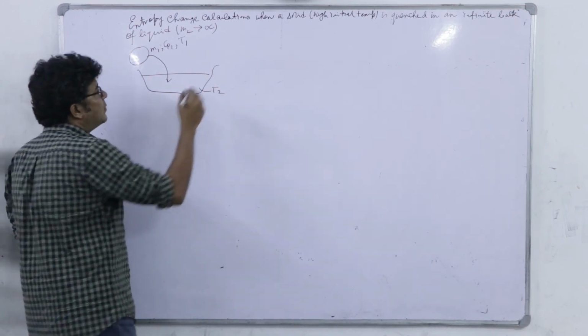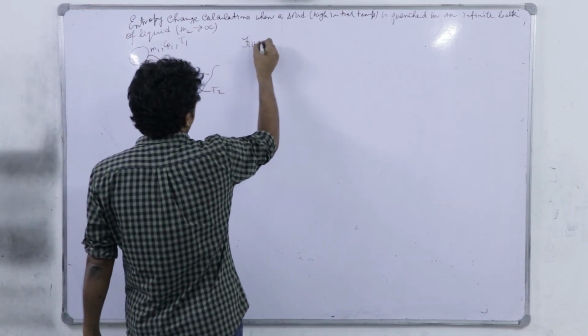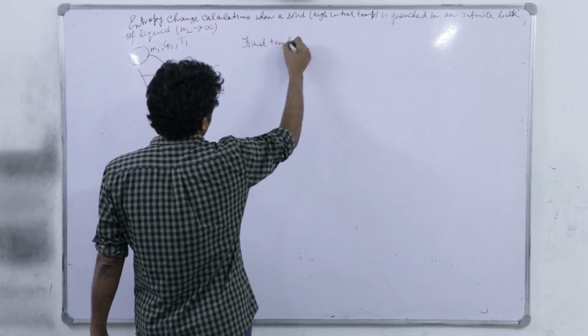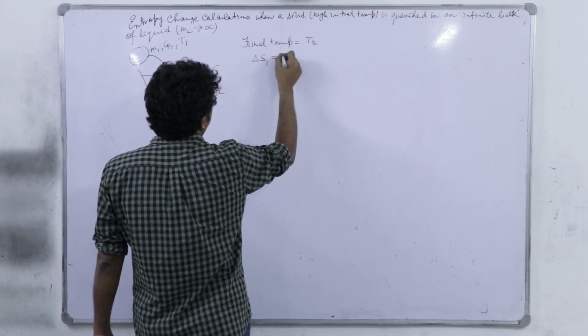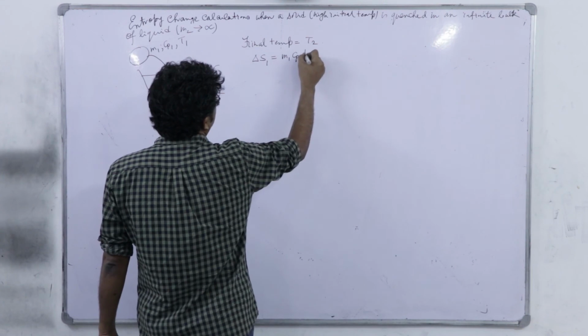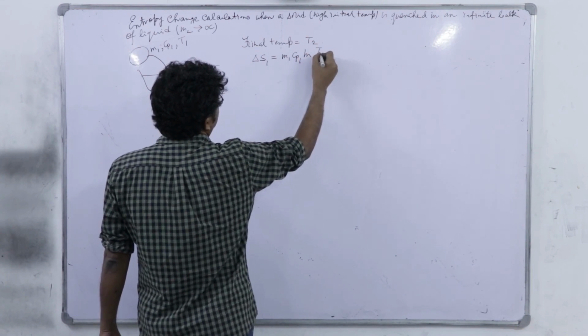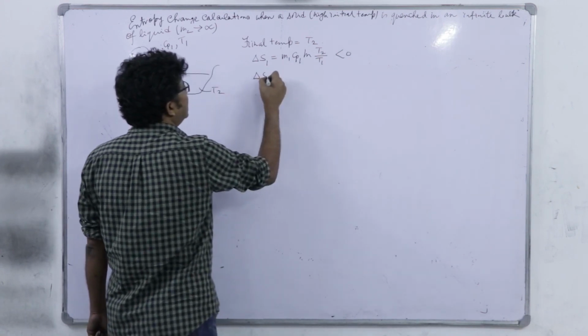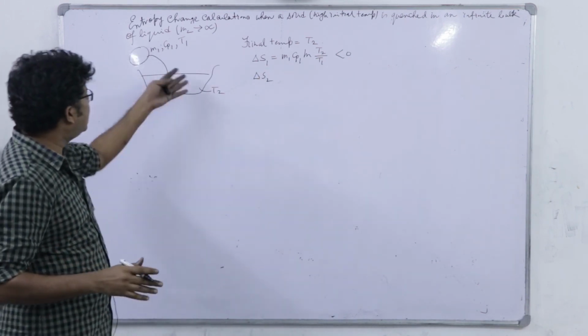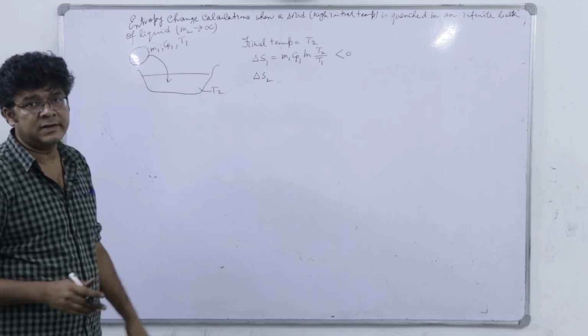So, what will be the entropy change? Here definitely the final temperature is equal to T2. So, delta S1 is M1 Cp1 ln (T2 by T1), which is negative. Now, what will be delta S2? Apparently, we will think that it's 0 because the temperature is not changing.